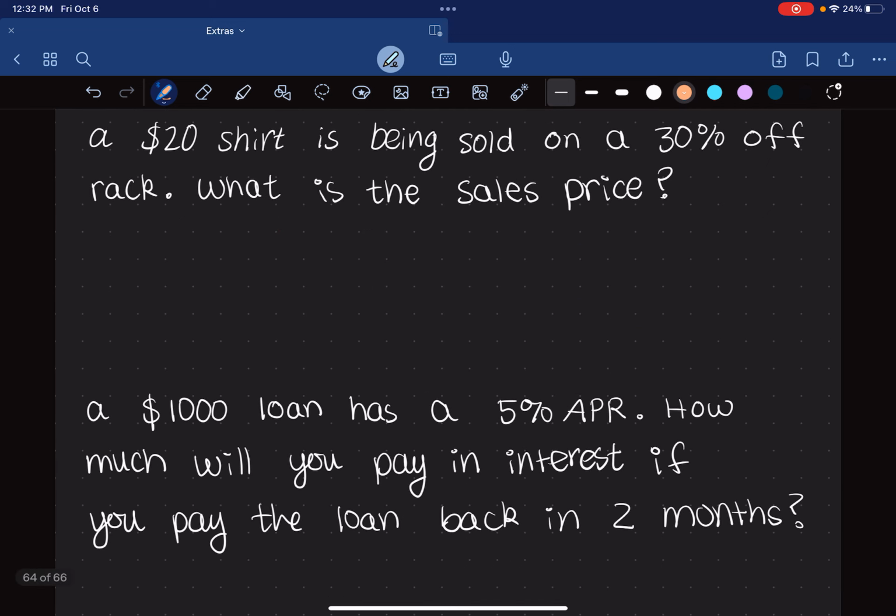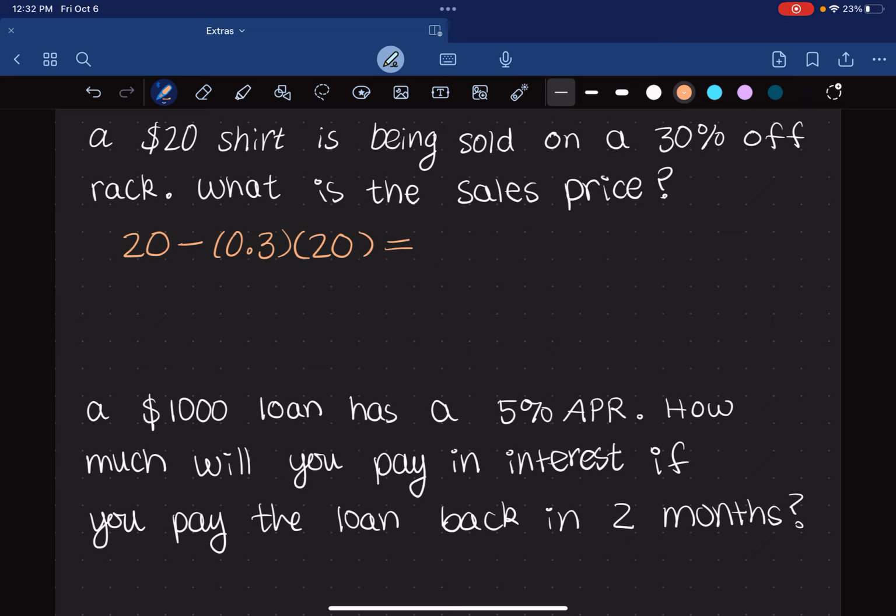All right, for the second problem, we have a $20 shirt is being sold on a 30% off rack, and what is the sales price? Well, we're gonna basically go through the same process, except now we have the sales percent off and we're trying to find the sales price. So we take $20, we're gonna remove 30% of $20, which is just 0.3 times 20.